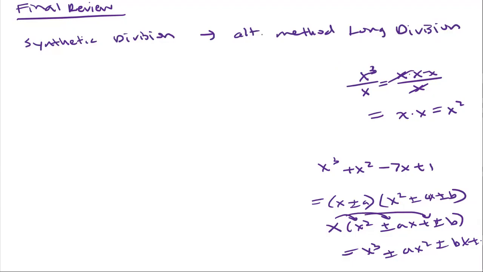So again, you can do long division. Oh shoot, this is divided by x minus 2. So you can do long division where we have x minus 2 and then x cubed plus x squared minus 7x plus 1.